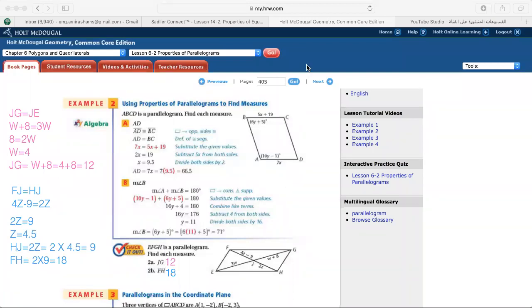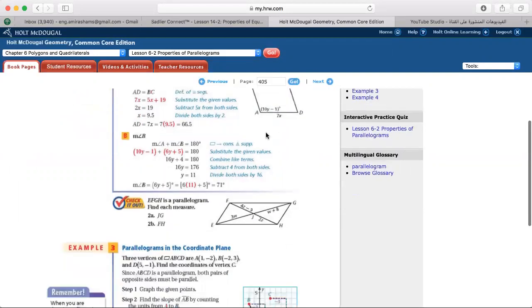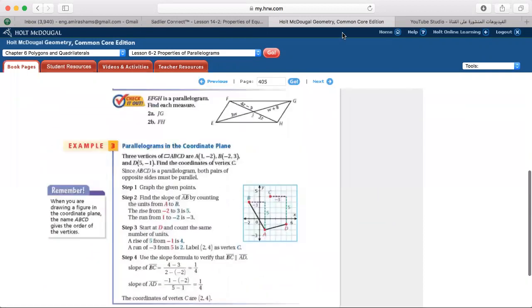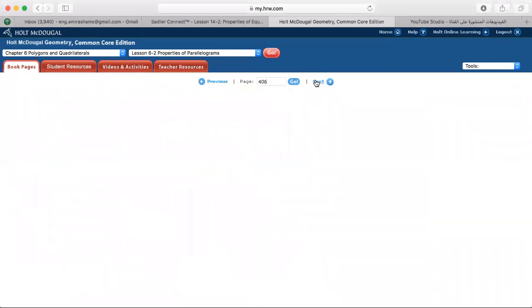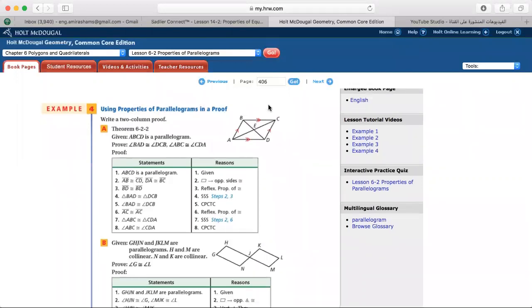Let's go to the next page. I will read the proof. Almost we are done because this lesson has some proofs, and I want you to read it after we finish and to try to write it using properties of parallelograms in a proof. Write a 2-column proof.